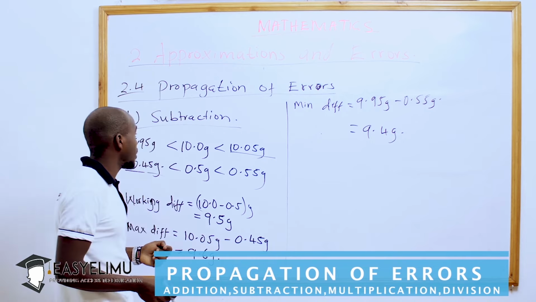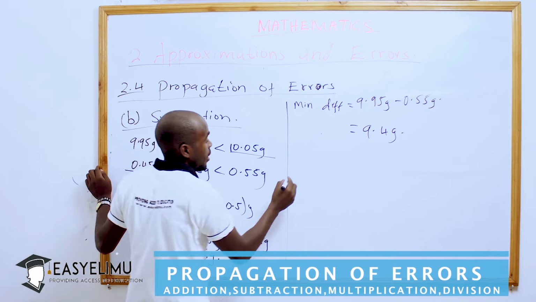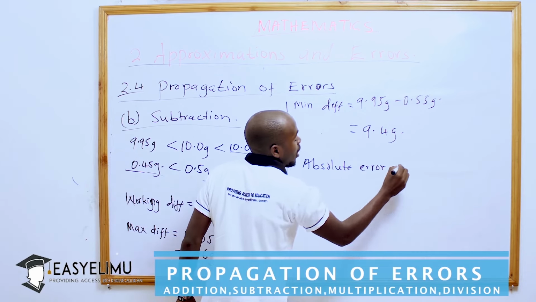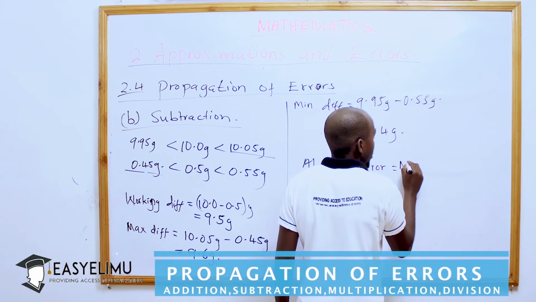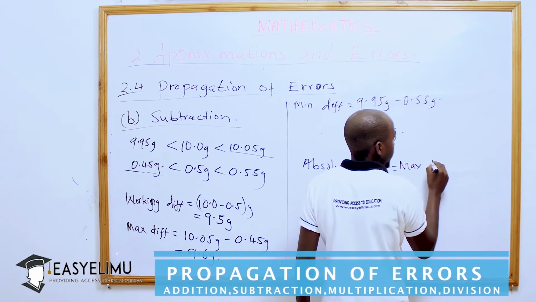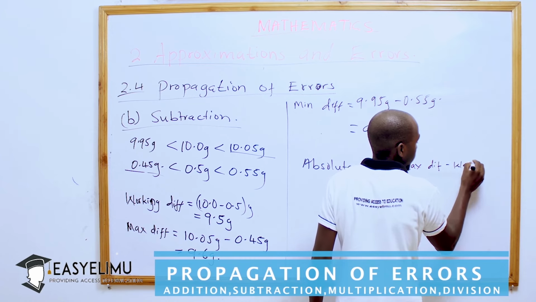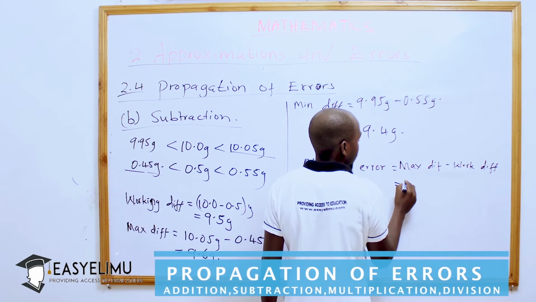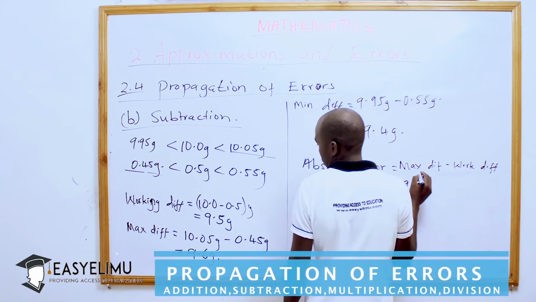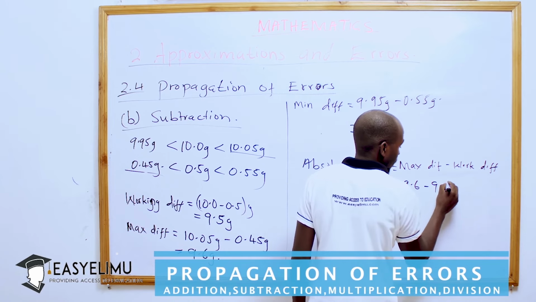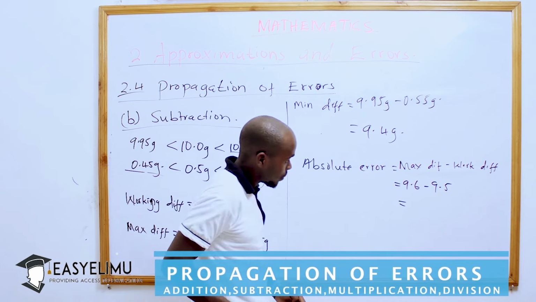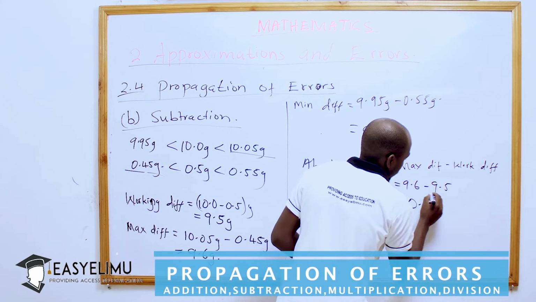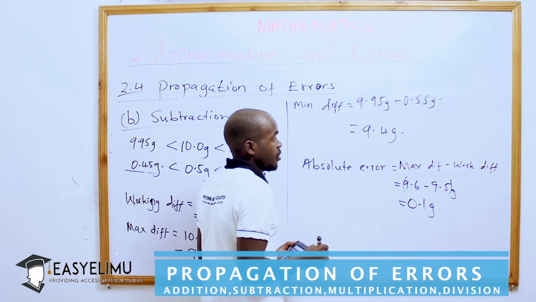So if we need to find the absolute error, now it will remain the same formula, whereby it will be the maximum difference minus working difference, and you shall find it is the same as 9.6 minus the working difference was 9.5, and you get this one as 0.1 gram.